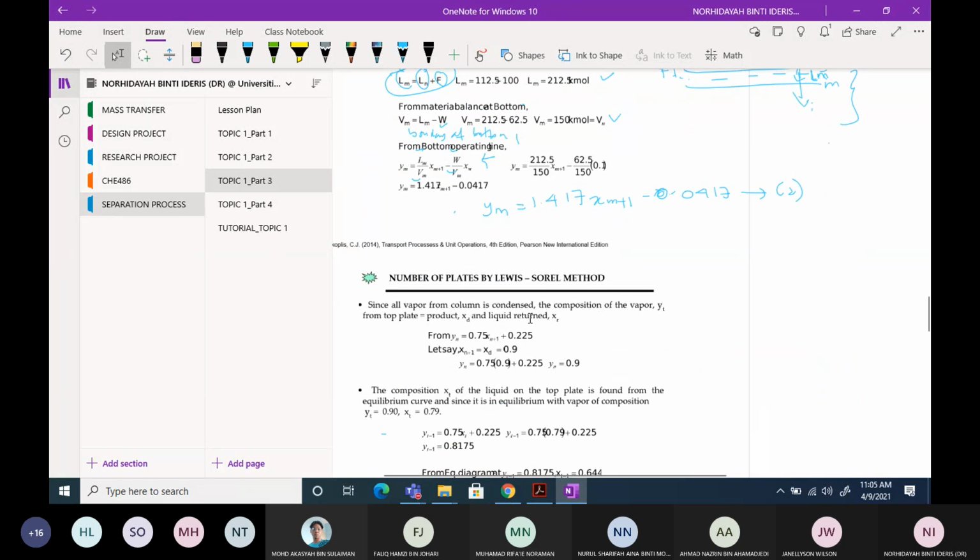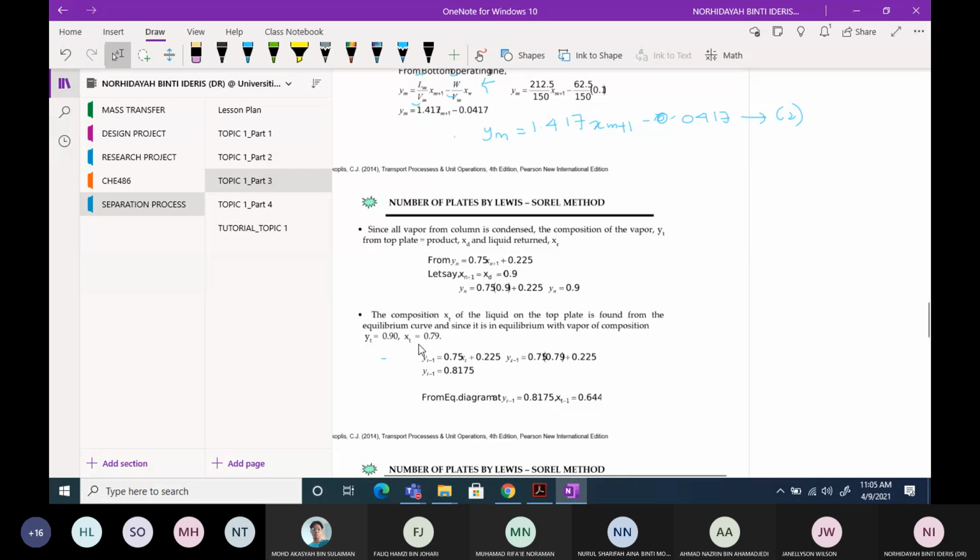Let's do it really quick. From the first equation, we want to calculate the composition from the top. Take the first equation: Yn is equal to 0.75 Xn+1 plus 0.225. Let YT be equal to 0.9. Sorry, I'm lost. Let's say Xn+1 is equal to XD.